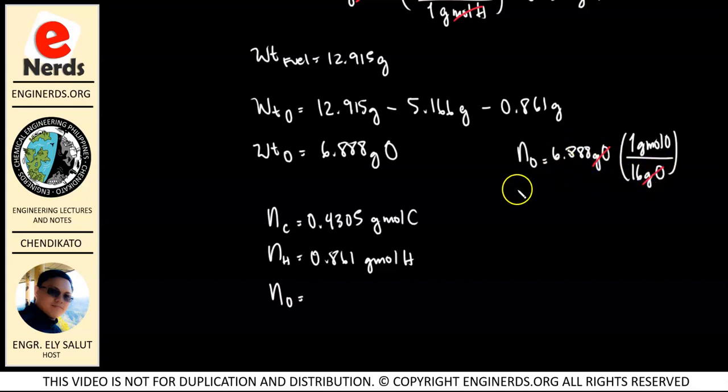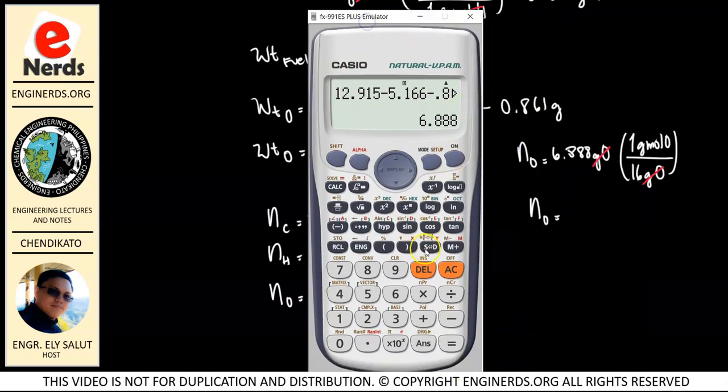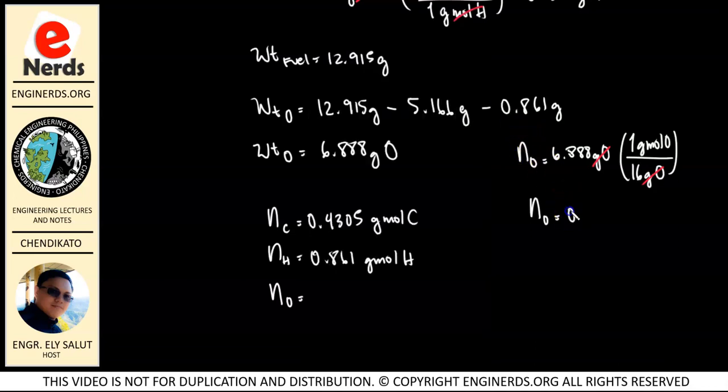So, therefore, our number of moles ng oxygen is equal to 6.888 divided by 16. So we have 0.4305 gram mole ng oxygen.